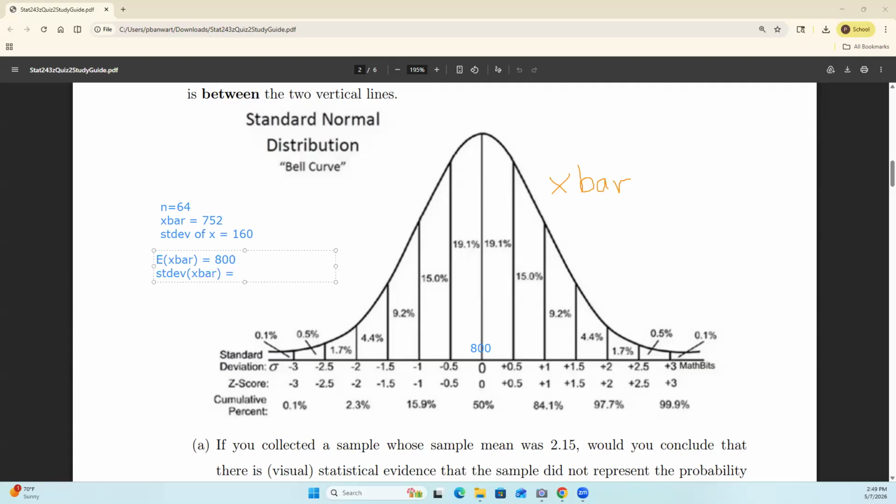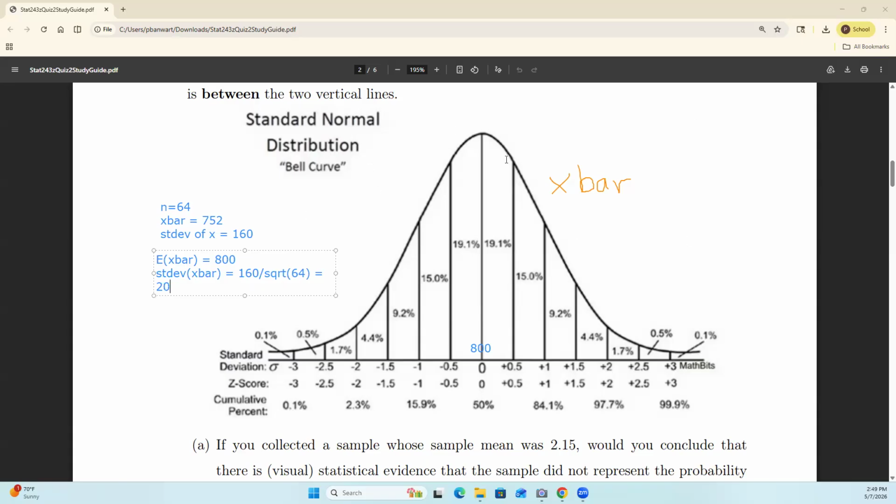What is it? Over the square root of 64, right? It's the standard deviation of your variable, but you shrink it by the square root of your sample size, because the bigger the sample, the smaller the spread is going to be, which is 160 divided by 8, which is 20.